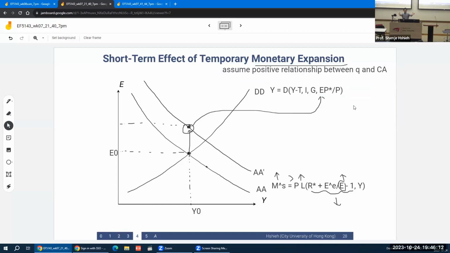With a higher E, that's going to increase Q, meaning we're more competitive in exports, because people will be substituting away from foreign goods and services in favor of domestic goods. And that's going to ultimately increase D, and then equilibrium is going to be distorted: the right-hand side is greater than the left-hand side.